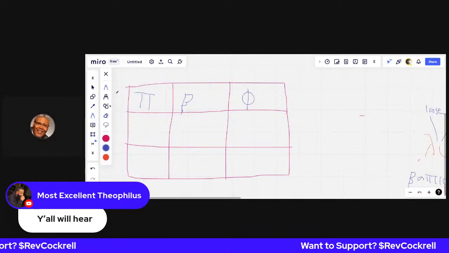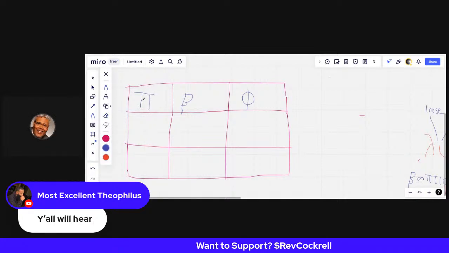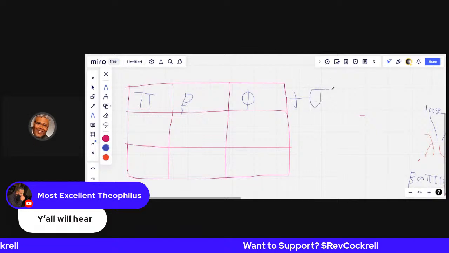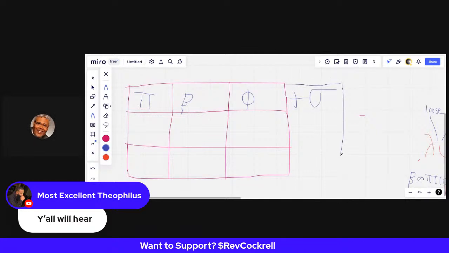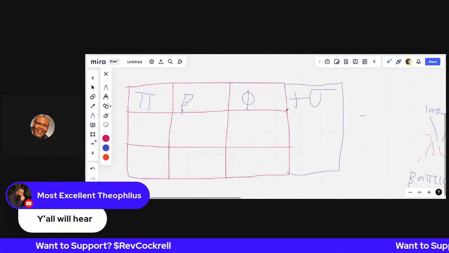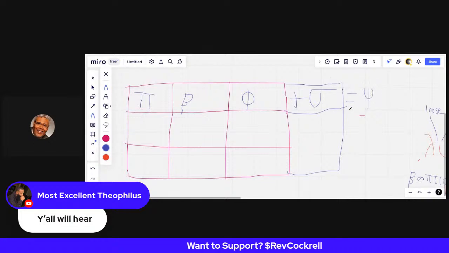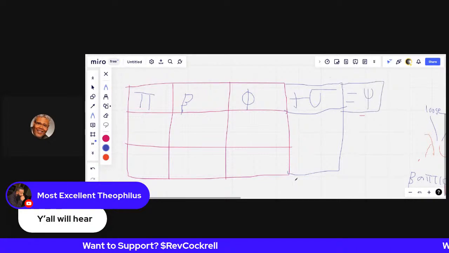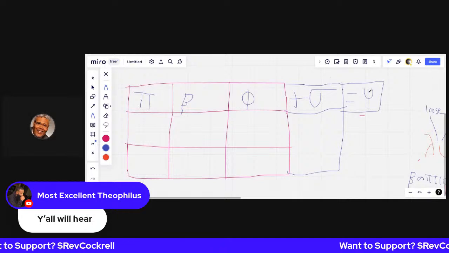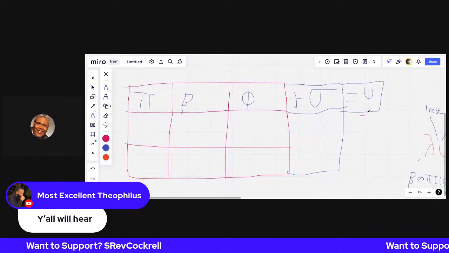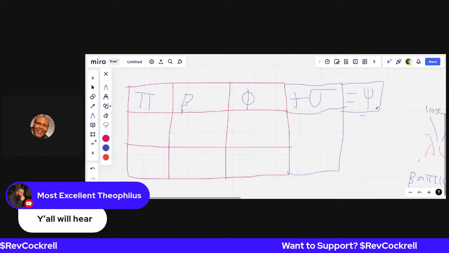So if your stem ends in a P, beta, or phi, and you add a sigma to it, your new letter is going to become psi. And so if you see this at the end of your stem, it lets you know that there's a letter hidden basically, but also that a sigma was added and it's the future tense, or something happened here.